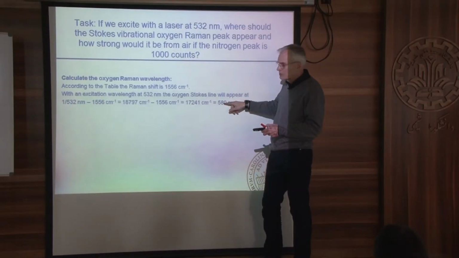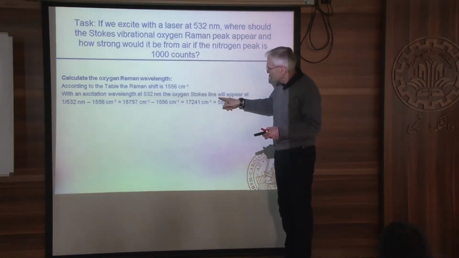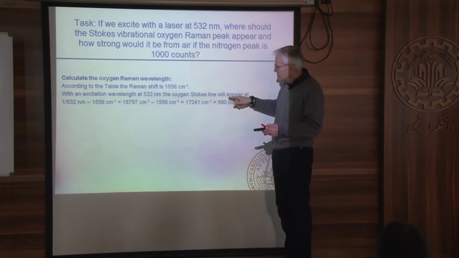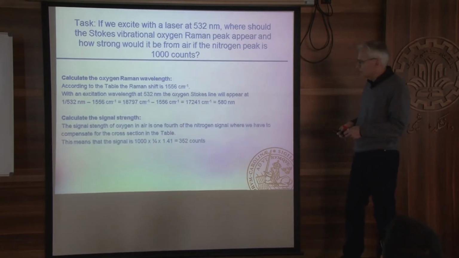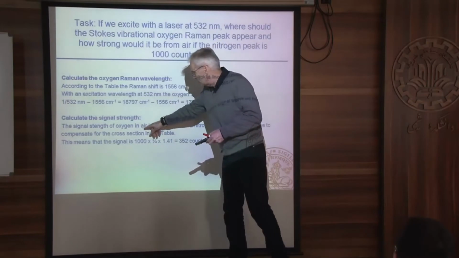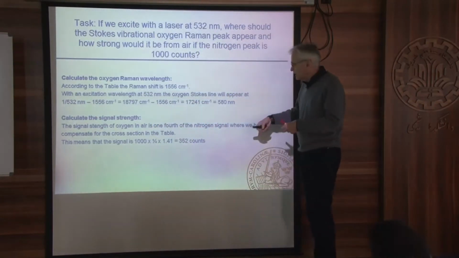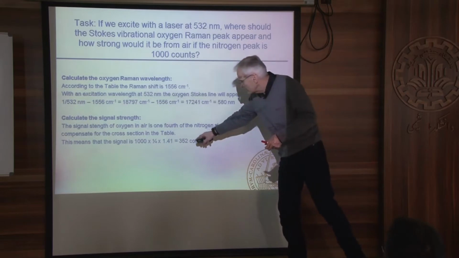So if we use this laser, we know that all oxygen should take place at this peak. And that could be converted to other species as well. And then we can calculate the signal strength of oxygen in air, and we take into account how it is in the air, and we can come out with how many counts we'll get from this peak.